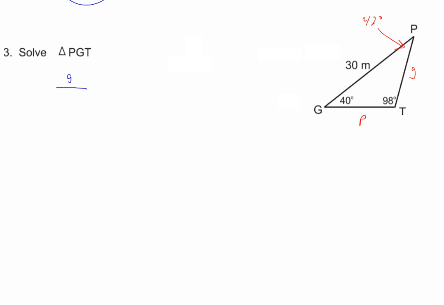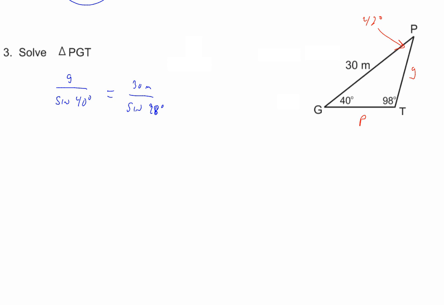So G over the sine of, don't say it yet, everybody look. Which angle goes with G? Sine of how many degrees, class? 40, right? It's the opposite angle. Equals, what are you going to stick on the top? 30 meters, and you're going to stick the sine of its opposite angle, 98, on the bottom.